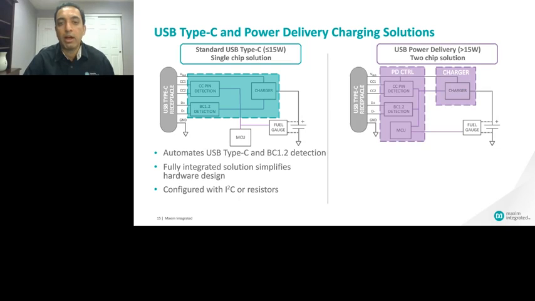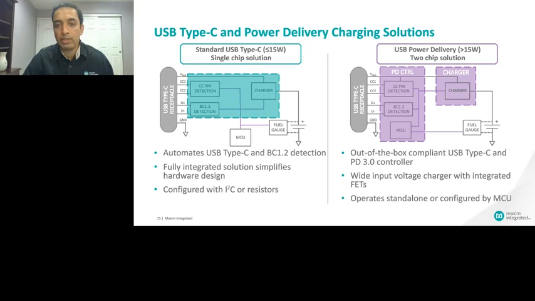If you have a higher power system, you do need to have a power delivery controller. Because of the higher power, typically you're going to find this in two separate chips: one chip for the power delivery control and one for the charger. Now, in this case, what you need to look for is out-of-the-box compliance to the standard, with PD 3.0 being the latest standard for USB power delivery.